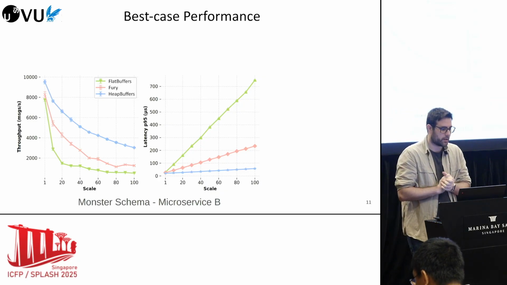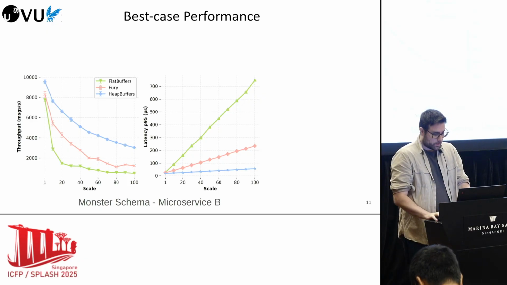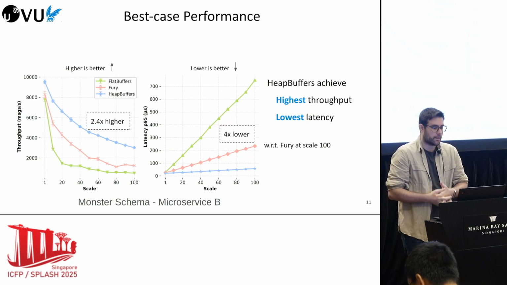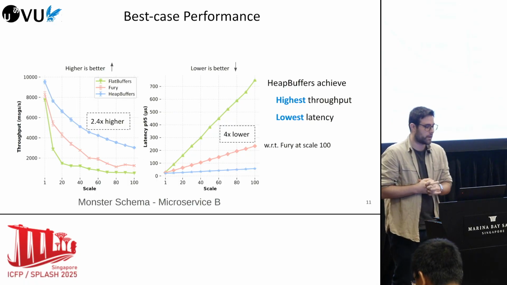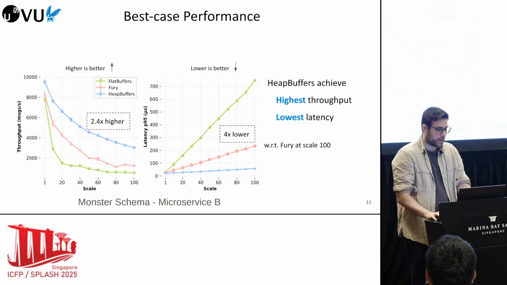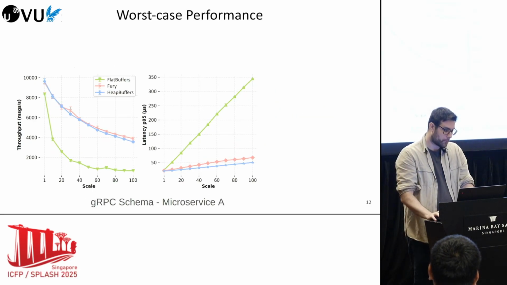We also compare against FlatBuffers since we are binary compatible with it. For throughput, higher is better; for latency, lower is better. Overall, we can see that HeapBuffers outperforms in all message sizes by many times: 2.4 times for throughput and 4 times for latency.